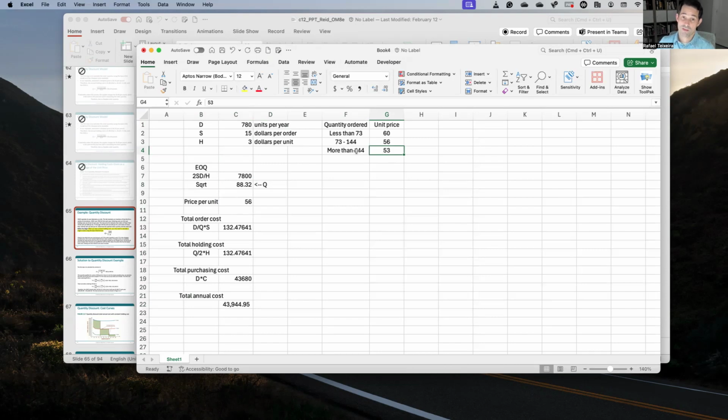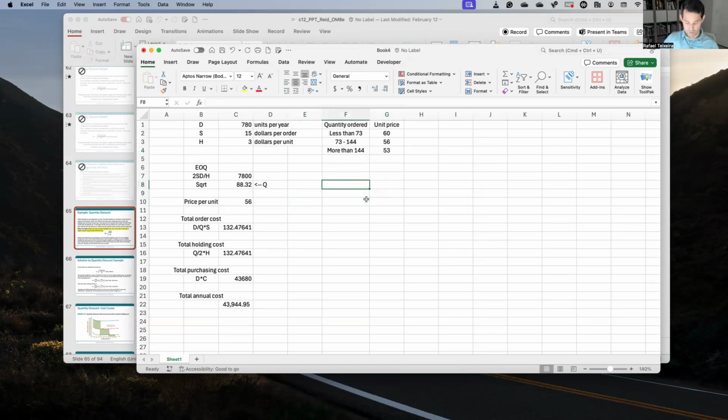Well, it has to be more than 144. So the minimum is 145. So to qualify for $53, I have to place an order of 145 units. Okay, so let's compute. Here, there is no optimal Q. You're going to use the table. 145 units is what qualifies.